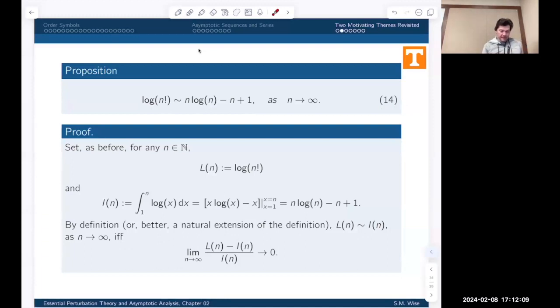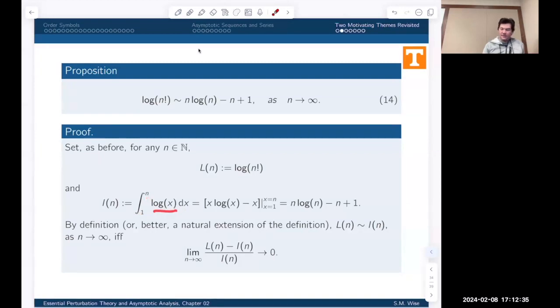Let's define, as we did before, Ln. This is a sequence. Now, again, we're proving things with sequences. We never really had an official definition with sequences, but we know how that would translate. So we define this, and we define this thing we called I. I is the integral from 1 to n of log x dx.